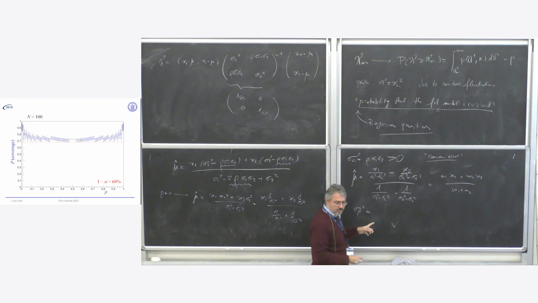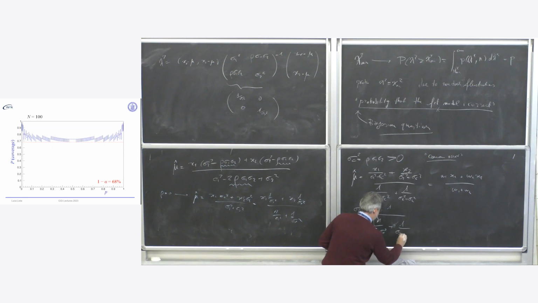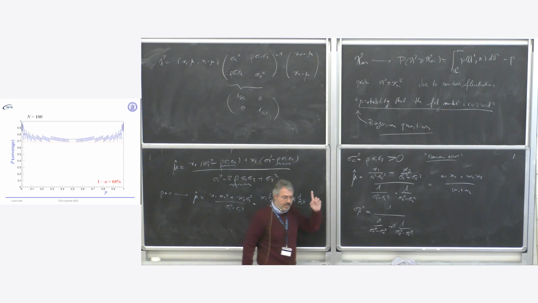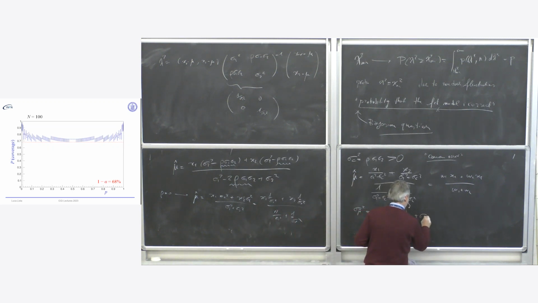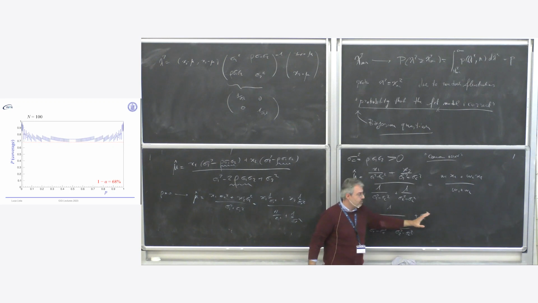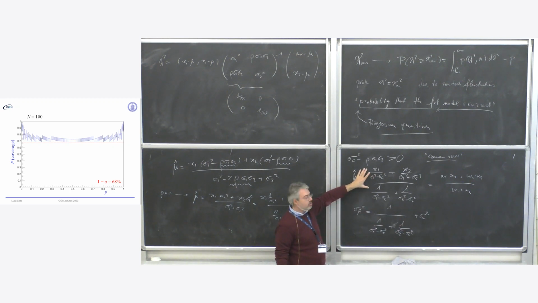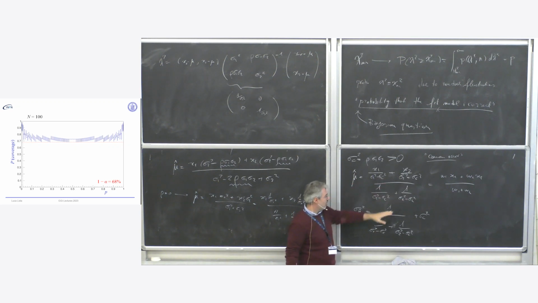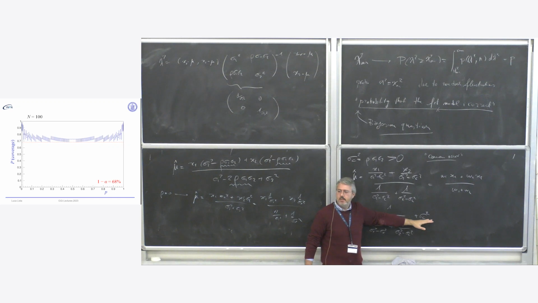Here we get something more interesting because we get the sum of the inverses of the errors with the common error sigma c squared subtracted, which is exactly what we had before, but in quadrature we subtract sigma c squared. So basically, what is the prescription? We have some common error. We take this off, so it does not count in the combination, because we just weight taking into account the uncertainty where we subtract in quadrature the common error, and we add in quadrature the common error to the measurement.